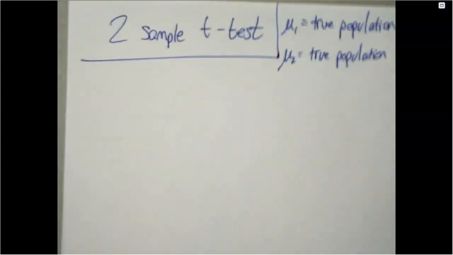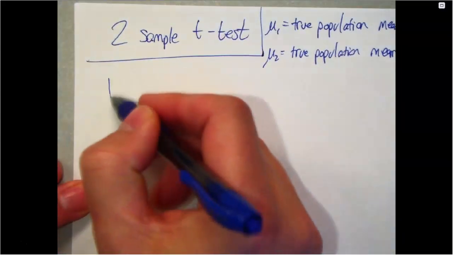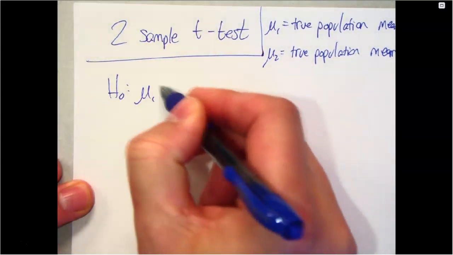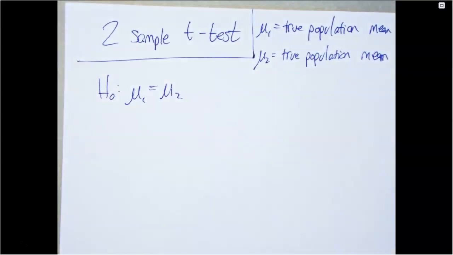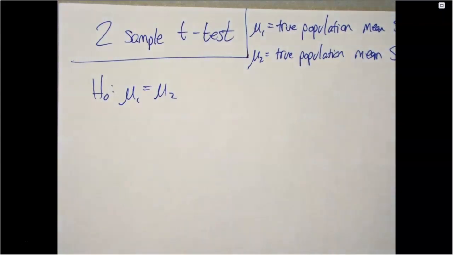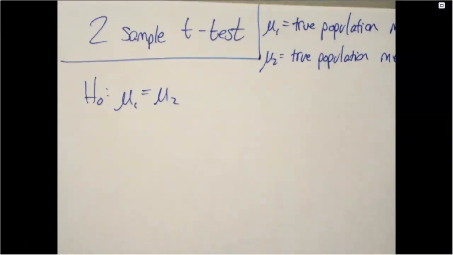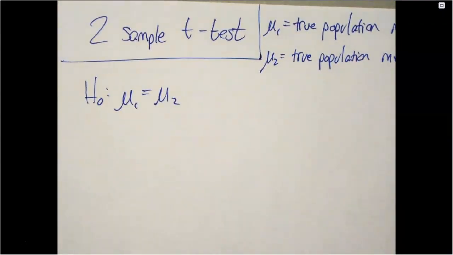Alright, so my H0 in this case, I'm going to do mu1 equals mu2. So I start off assuming they're the same, that the kids in Davis's SAT class improved by the same amount as the kids in Kraft's SAT.